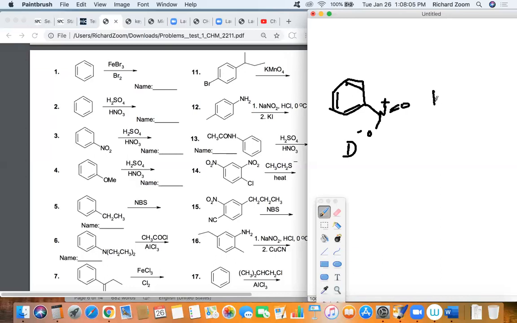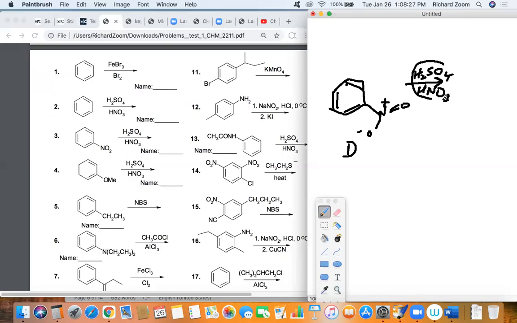Let me point something else out as well before we move on. When you're looking at solving these kinds of problems, you look at the reactant as well. And that's H2SO4, HNO3.